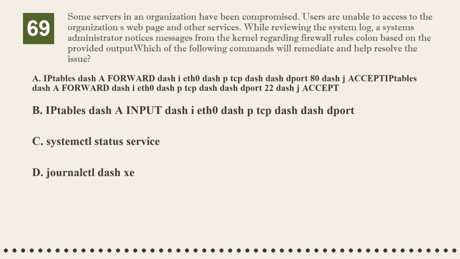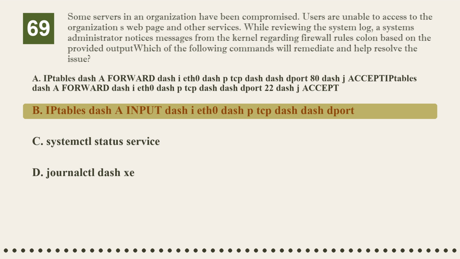Option A, iptables -A forward -i eth0 -p tcp --port 80 -j accept; iptables -A forward -i eth0 -p tcp --port 22 -j accept. Option B, iptables -A input -i eth0 -p tcp --port. Option C, systemctl status service. Option D, journalctl -xe.